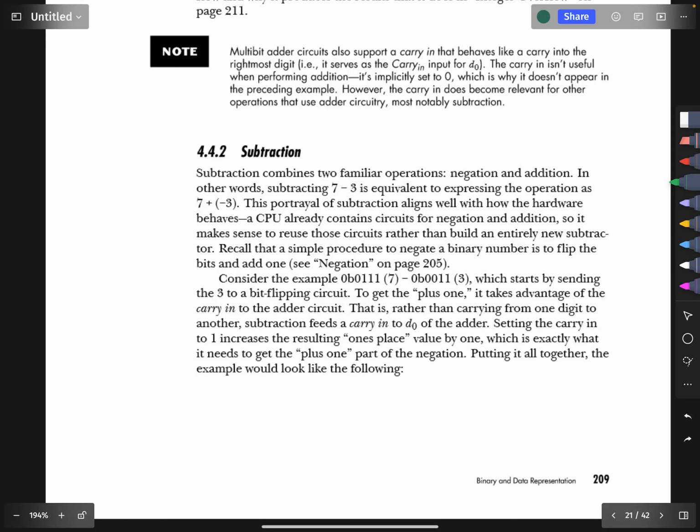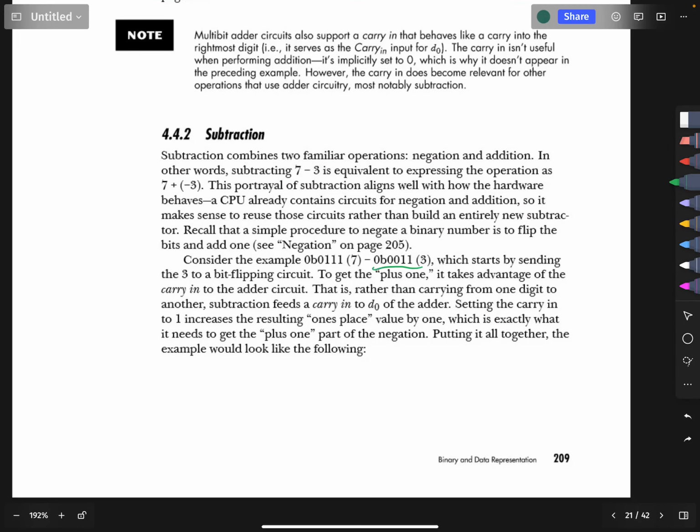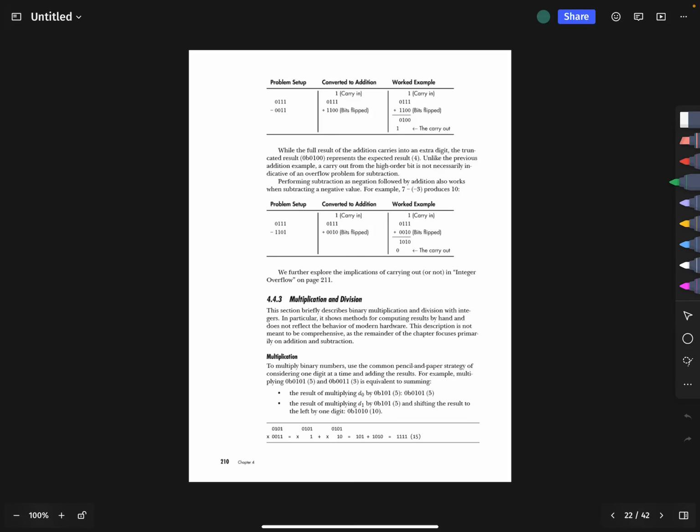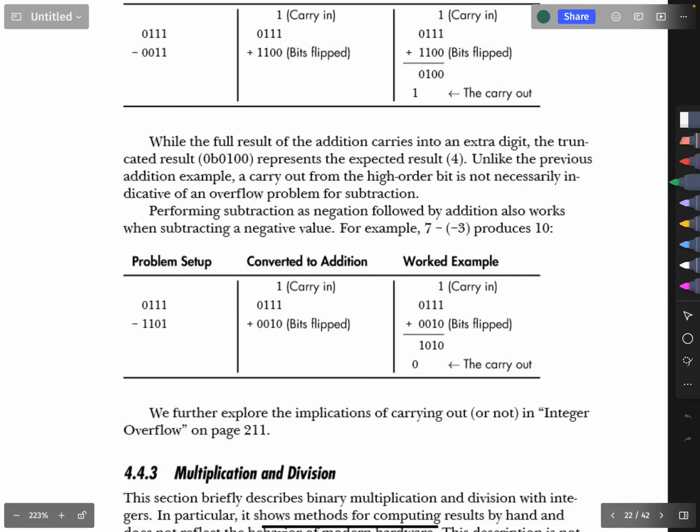When we're subtracting, we bit flip and then set the carry in to 1, and that accomplishes the same result with fewer operations. That is the strategy we use to subtract numbers in 2's complement, exploiting the carry in. So let's trace how that goes with 7 and 3.